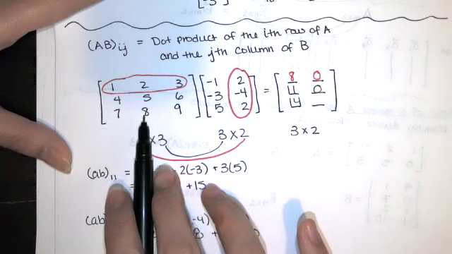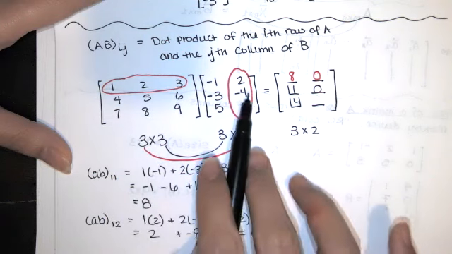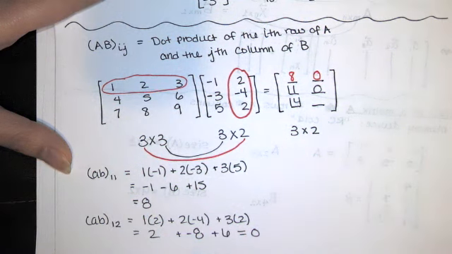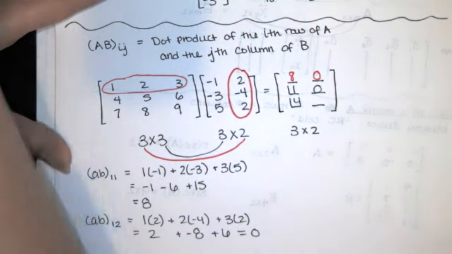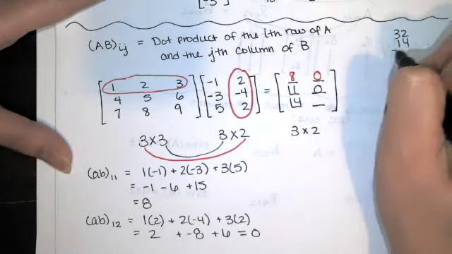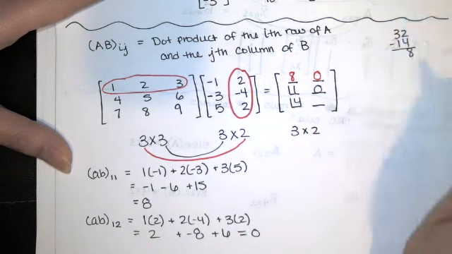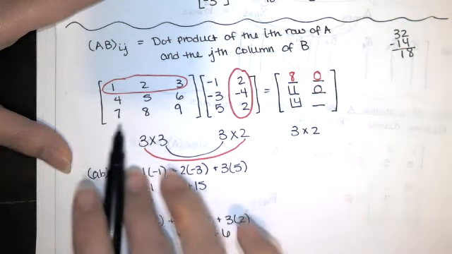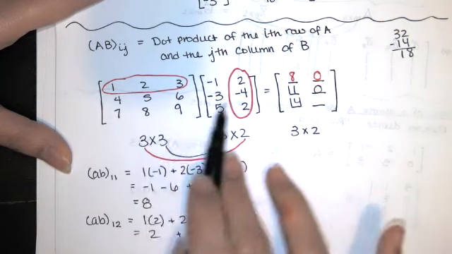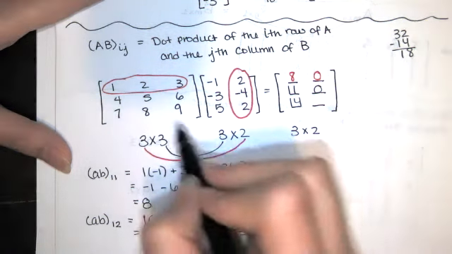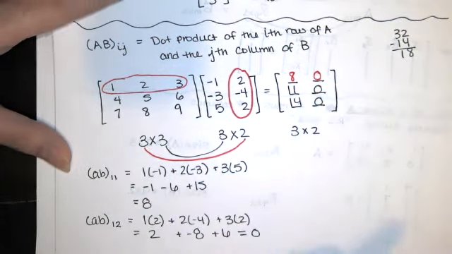And 8 times 4 is -32. -32 plus 14. Let's see, what is that? So we would get -18. And then the last one would be 9 times 2, which is also 18. So we would have -18 plus 18, which happens to be 0.